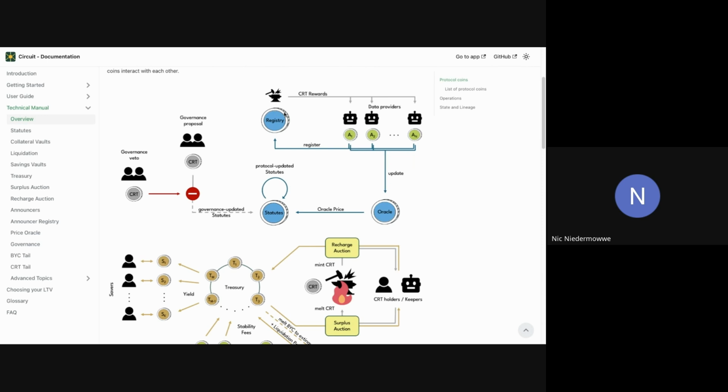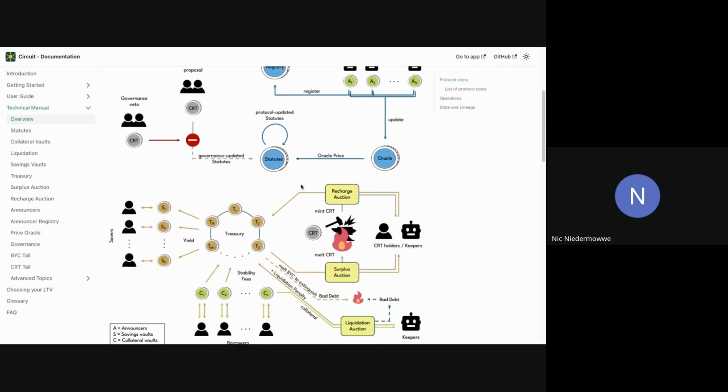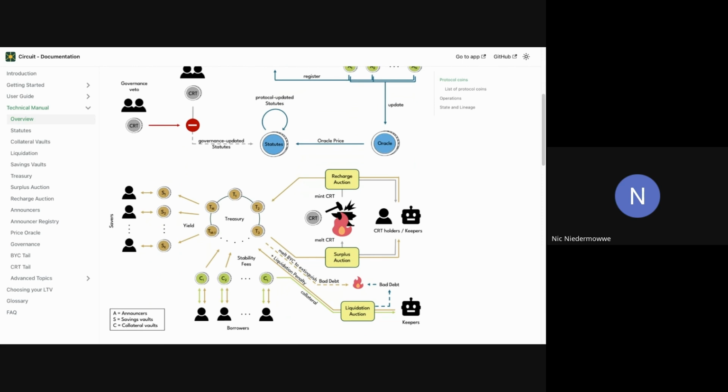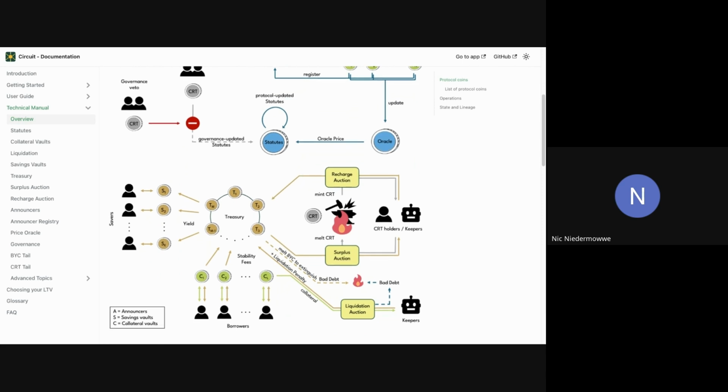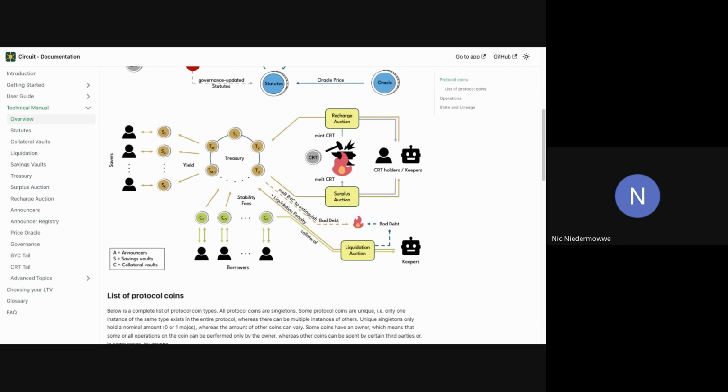So periodically they register the announcers in the registry, and in return they can mint, again governance can decide, but every few weeks or so they can claim some rewards here. So I think that's it from a high-level perspective.